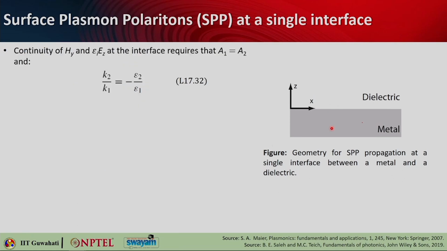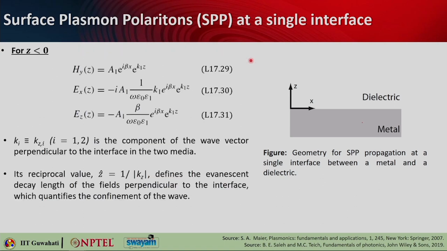Okay. So if you discuss the continuity of magnetic field and electric field at the interface, you will see that these 2 amplitudes A1 and A2 should be the same. So what are these 2 amplitudes?